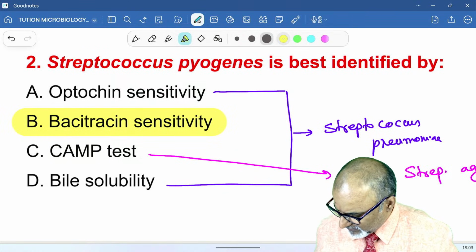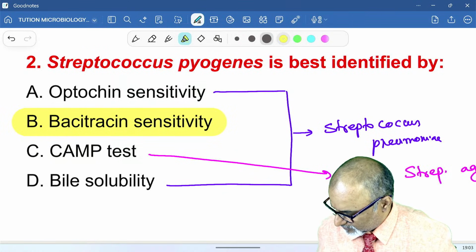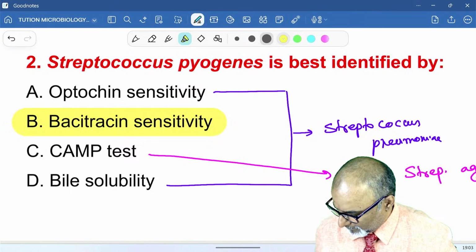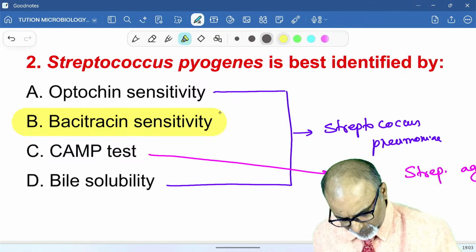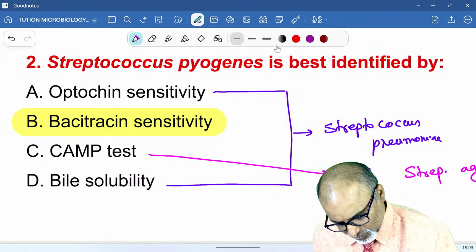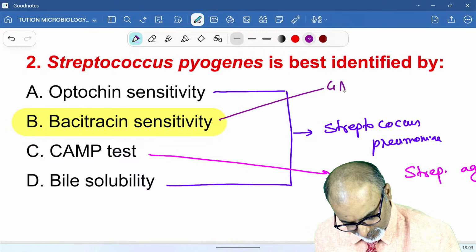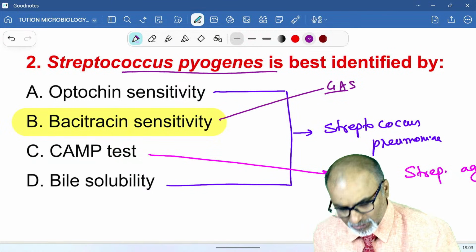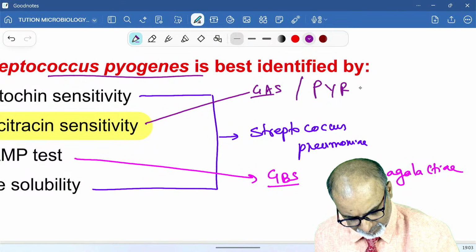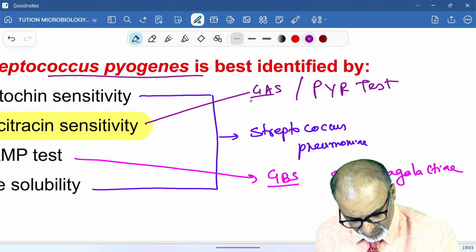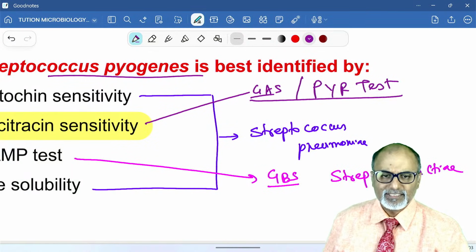Bacitracin sensitivity test, mainly for group A Streptococcus, otherwise called Streptococcus pyogenes. One more test is the PYR test. These are the tests mainly for group A beta hemolytic Streptococcus.